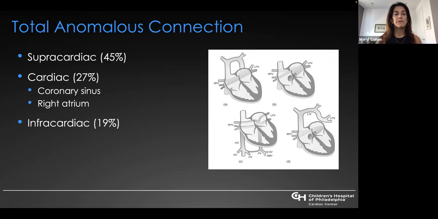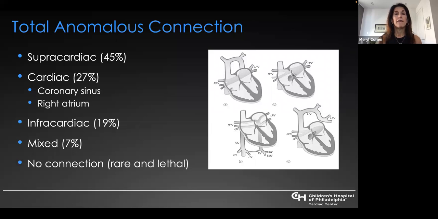And then the infracardiac form, almost 20%, where the vertical vein connects somewhere below the diaphragm. And the dreaded mixed type, where some pulmonary veins drain to one place and some drain to another place. And then the lethal form of total anomalous pulmonary venous connection, where you have no vertical vein or vertical vein atresia. And I will show you an example of that.